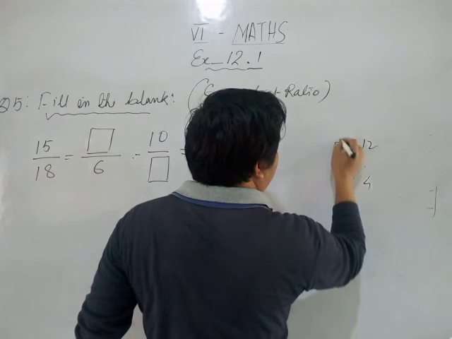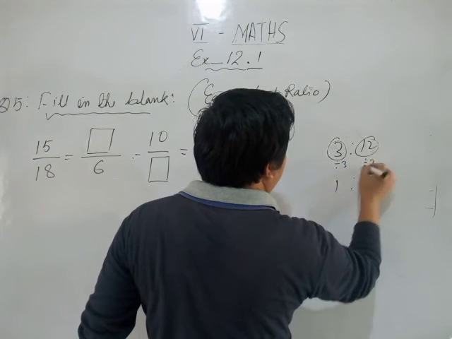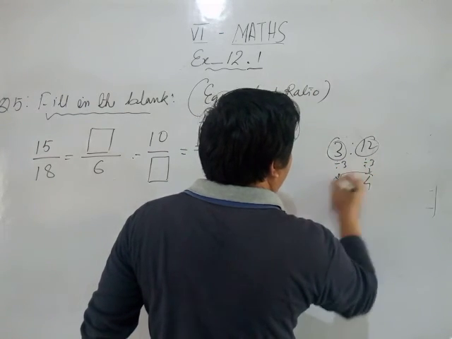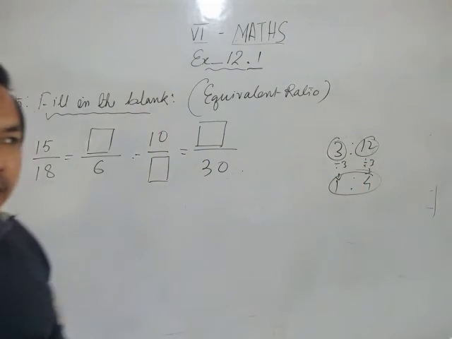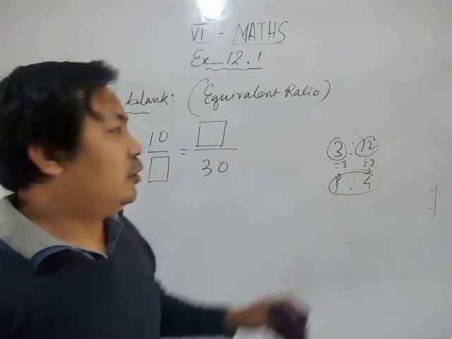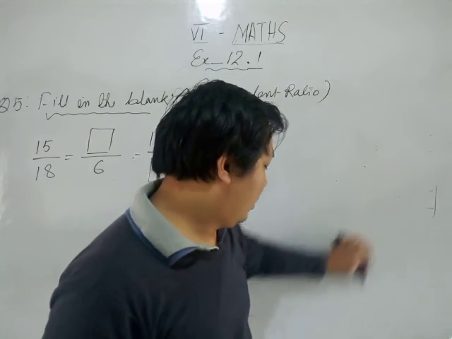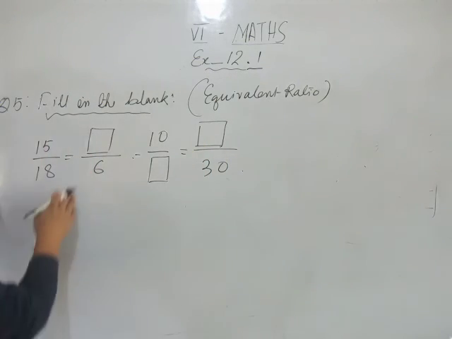So we divide both by 3, and we get 1 is to 4. So by multiplying or by dividing the ratio, we can get the equivalent ratio. Now here we need to divide.